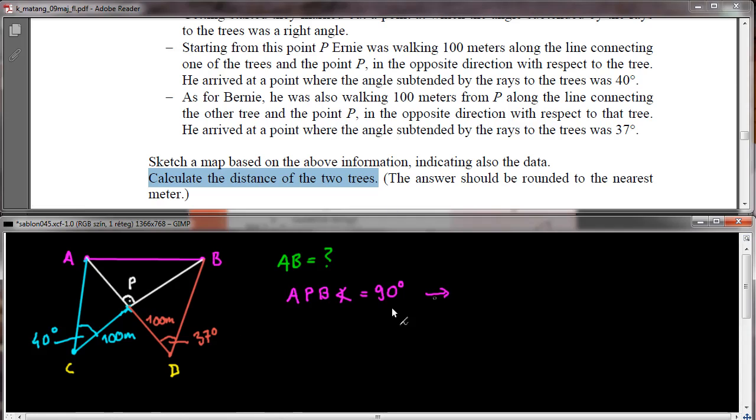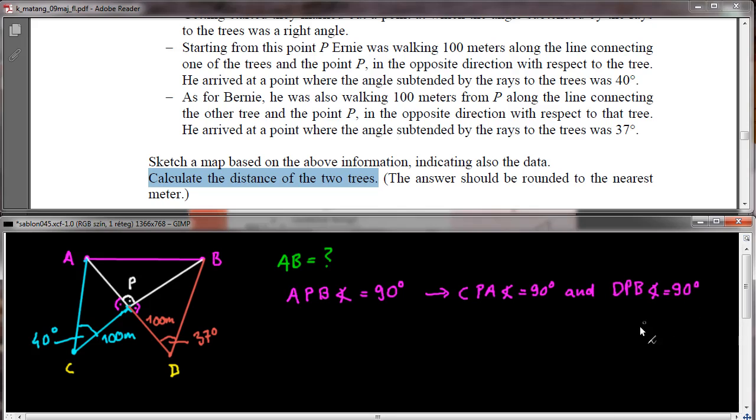It also follows that this is a right angle as well, and this is a right angle as well, because it cuts the 180 degrees into two, this angle. So it means that angle CPA is 90 degrees as well, and angle DPB is how much?